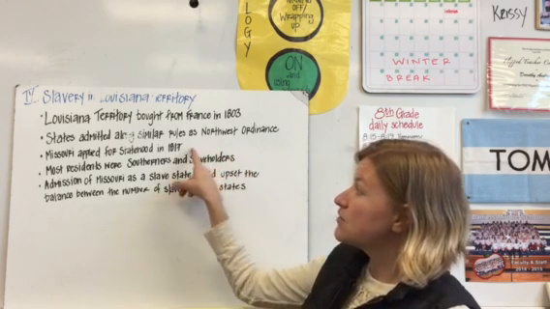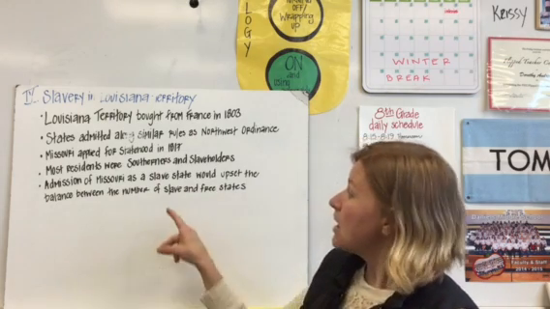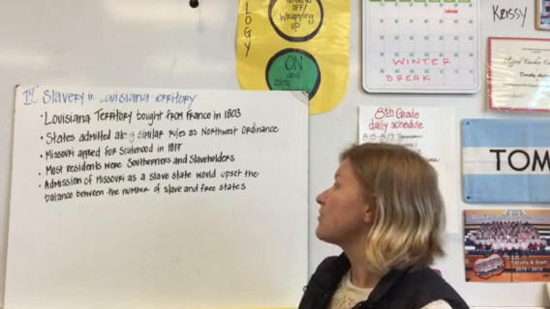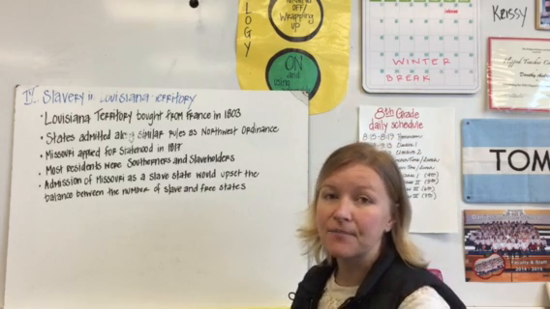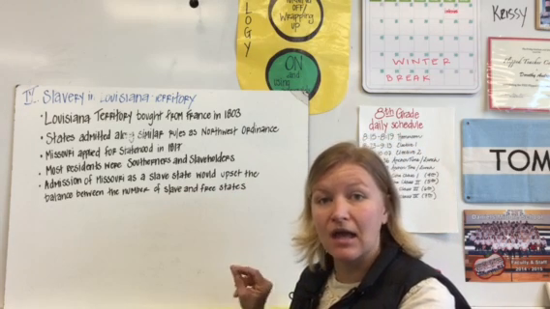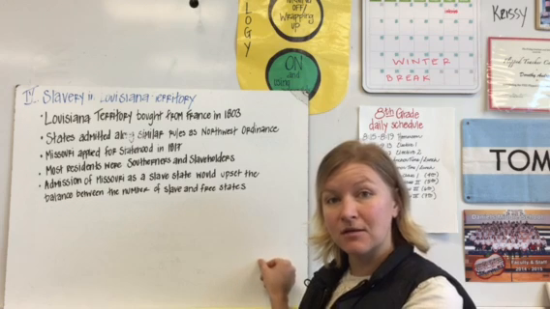Most of the residents of Missouri were slaveholders and Southerners. So admission of Missouri as a slave state would upset the balance between the number of slave and free states. So what's going to happen as a result of this is the Missouri Compromise and the Missouri Compromise line, and we're going to be looking at that when we look at some of the causes of the Civil War.